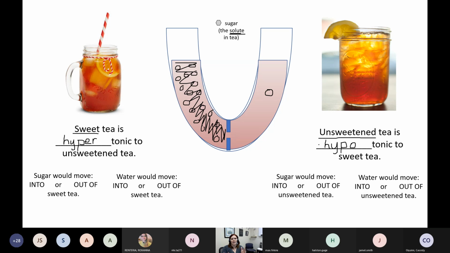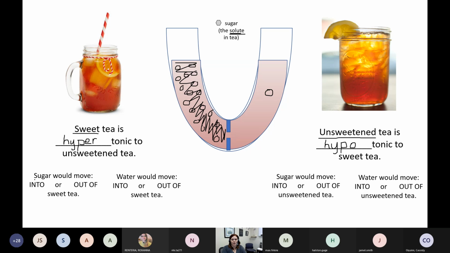I've got two solutions side by side in this YouTube that are not isotonic. They're not the same. So there are two ways that I can move things to make them isotonic, to make it equal.